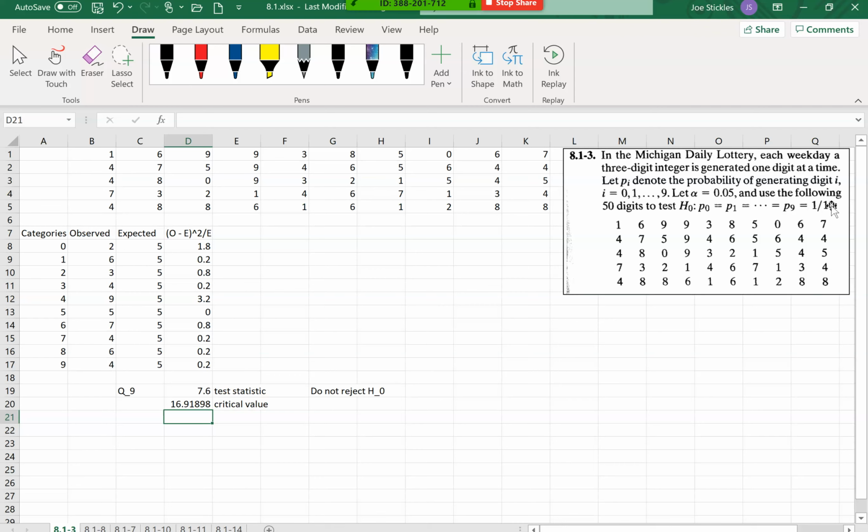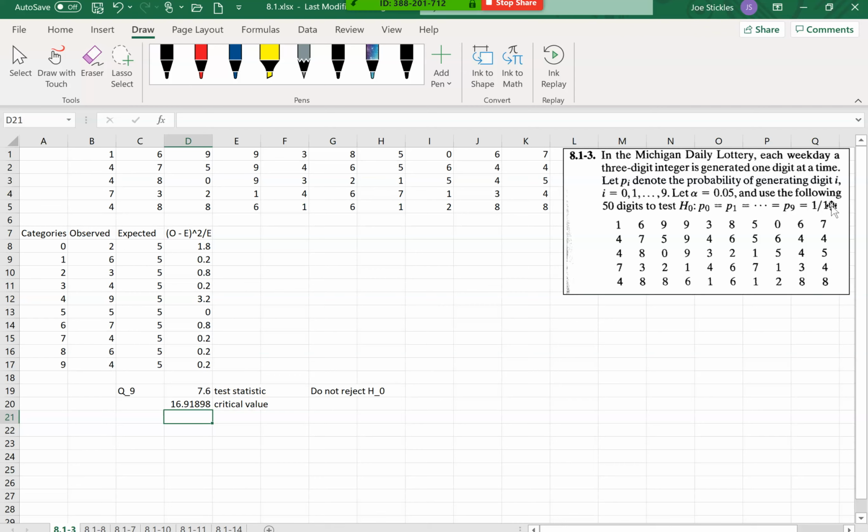We're saying the probability of 0 is a tenth, the probability of 1 is a tenth, and so on up the line. So what we're really interested in knowing is, is this a good fit? Does this particular distribution do a good job of fitting the data? That's the whole point of doing this. It's not so much that I didn't have enough evidence to reject that it's not doing a good job. I want to know, is it doing a good job?